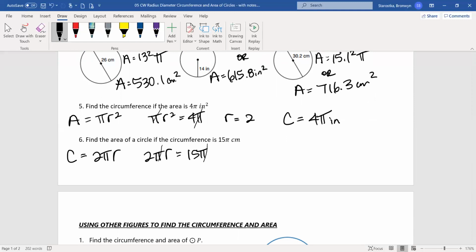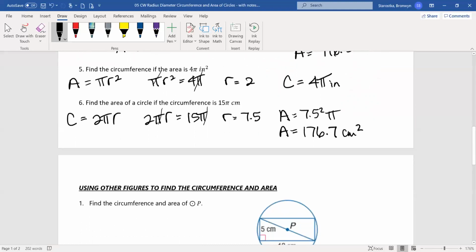So our radius is 7.5, which means our area is 7.5 squared pi. And our area then in our calculator, area is 176.7 centimeters squared.